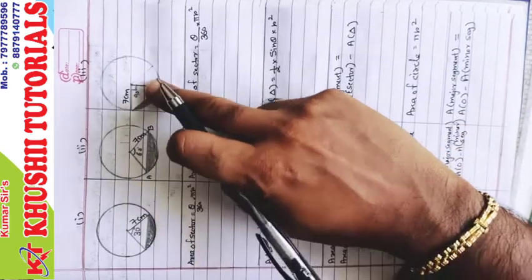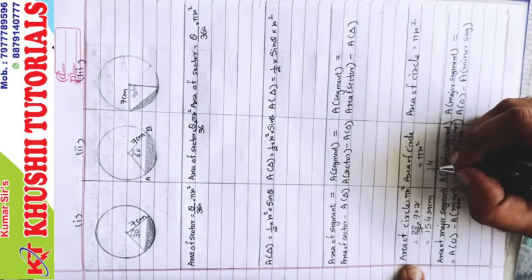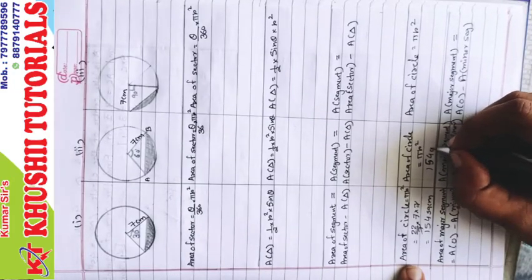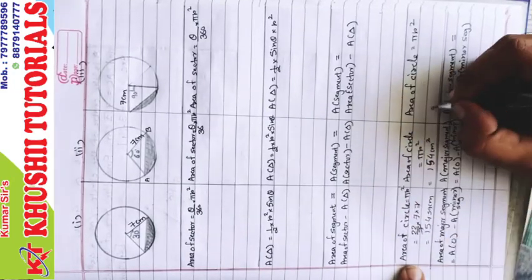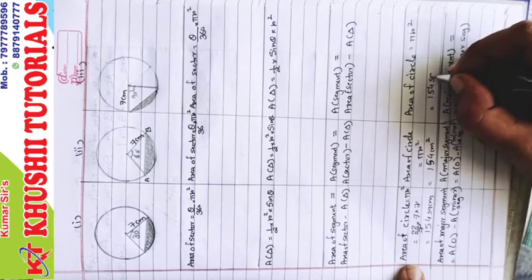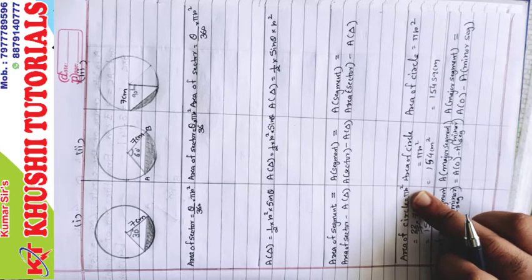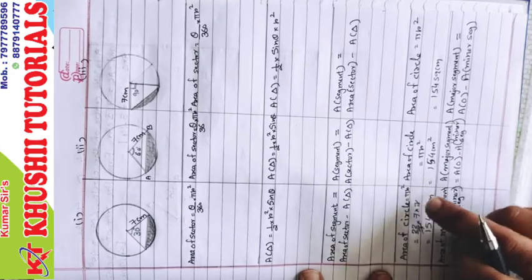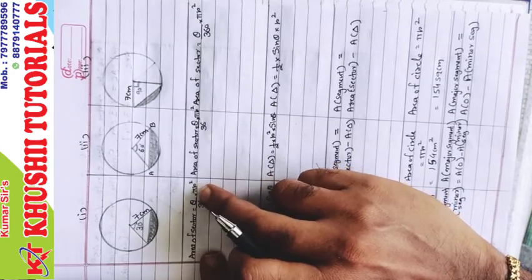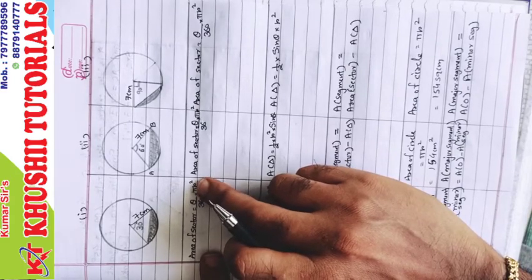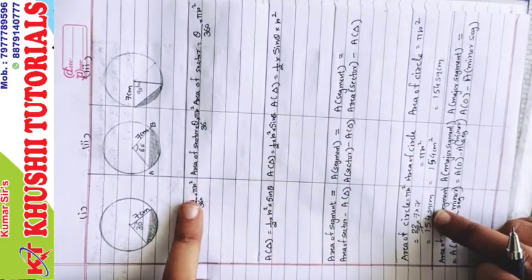Every time the radius is 7, so every time the area will be the same, 154 square centimeter. Why did I find it first? So that I can use the value of pi r square here in theta upon 360 into pi r square. Directly for pi r square we will write 154.